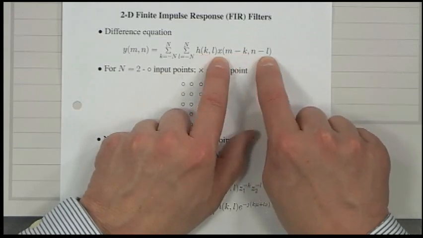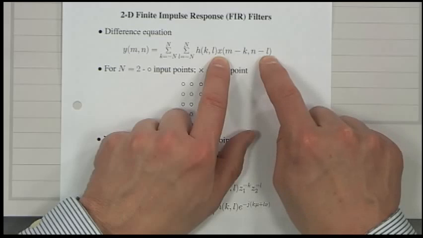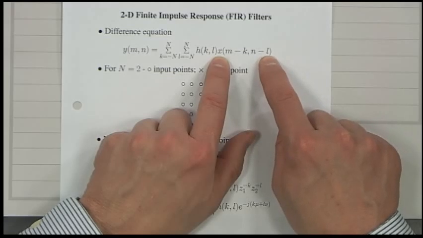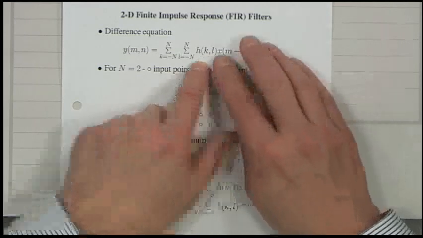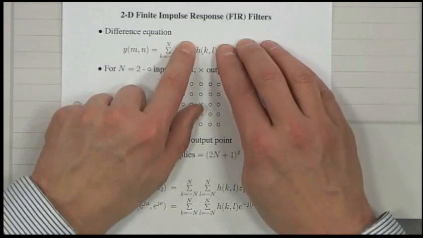So the x's can be viewed as being flipped and then shifted. And convolution is commutative, so convolution of h with x is the same thing as convolution of x with h. So you can view the flip and shift occurring with the h.